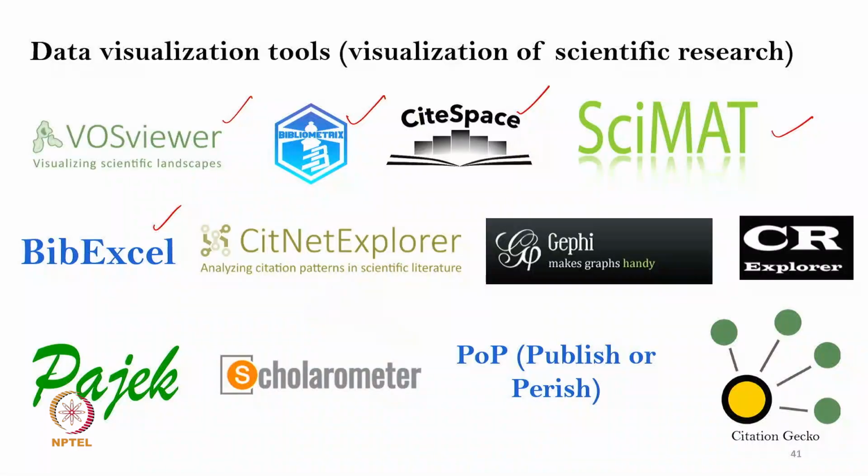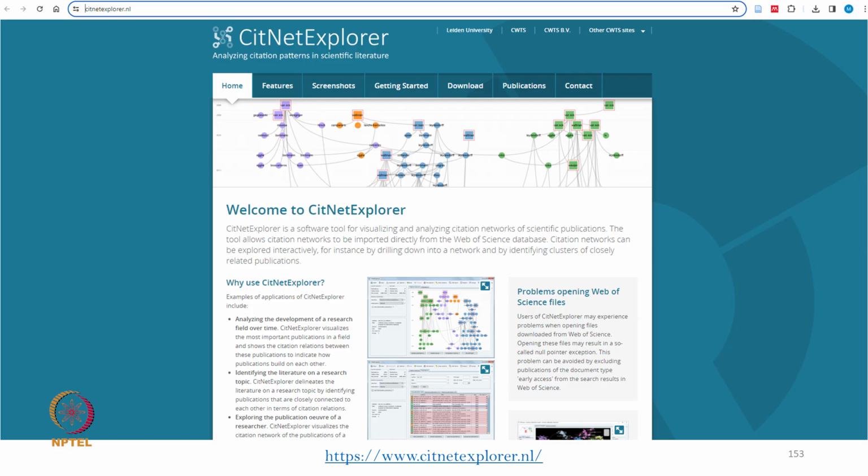And another, CiteNet Explorer, analyzes citation patterns in the scientific literature. It is visual software for visualizing and analyzing citation networks of scientific publications. The tool allows the citation network to be imported directly from the Web of Science database.